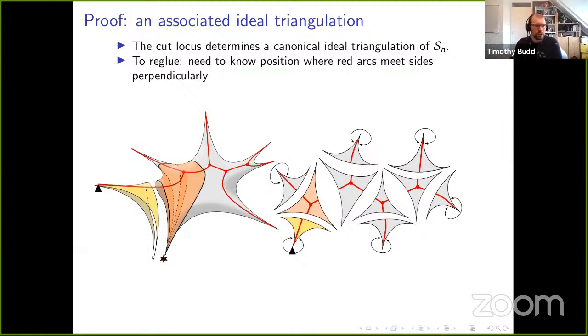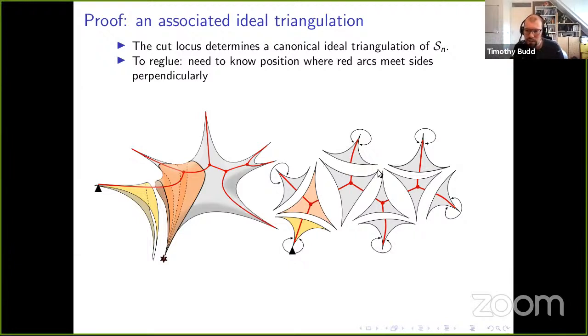So given our binary tree, how can we reconstruct our surface? Well, you have to tell the triangles how to glue to each other. One way to do this is to say that we still have parts of this cut locus within every triangle, and the position of where the red edges meet the sides of the triangle tells us how to glue these triangles together.